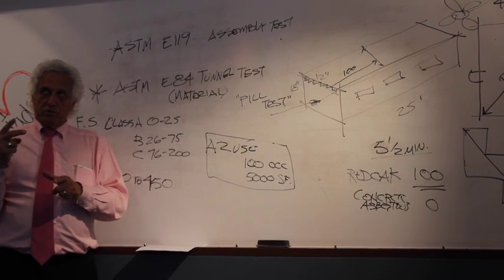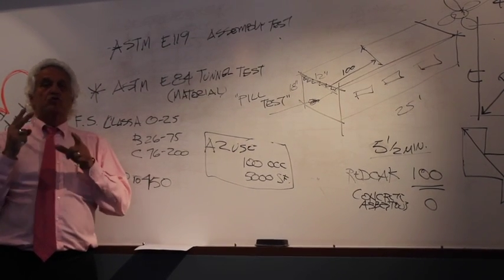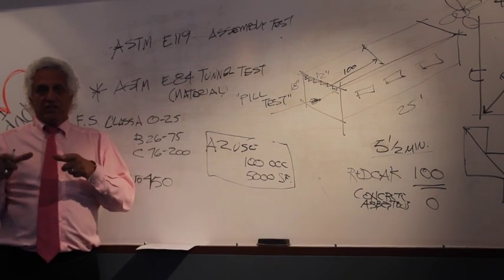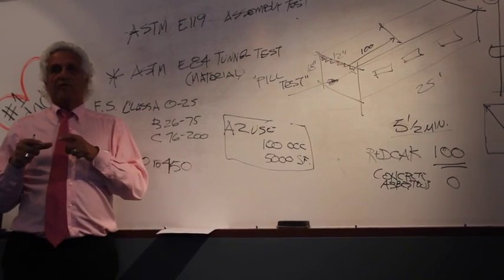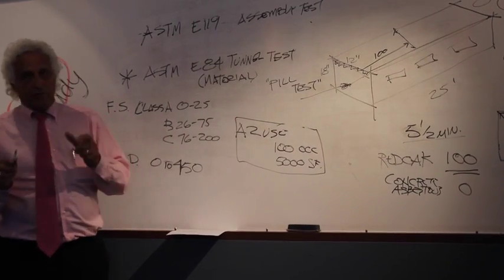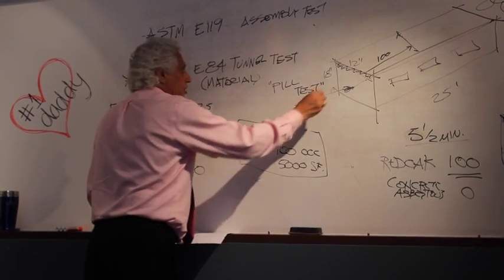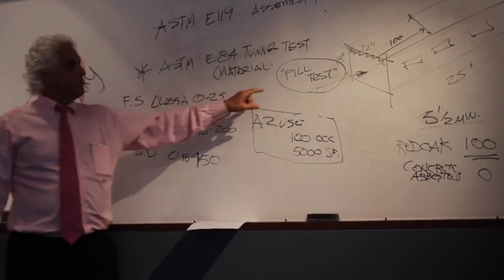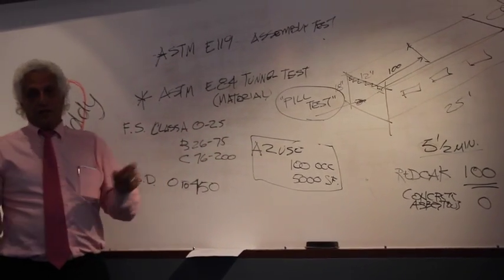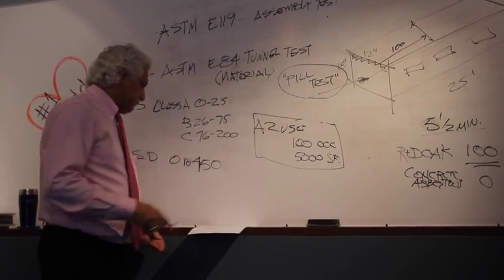If of the 8 samples, 2 exceed 3 inches, the test is ended and the carpet fails. So you don't have to worry about that again. You'll see the carpeting will state that it passed the pill test. If it doesn't pass the pill test, you can't use it in commercial buildings.